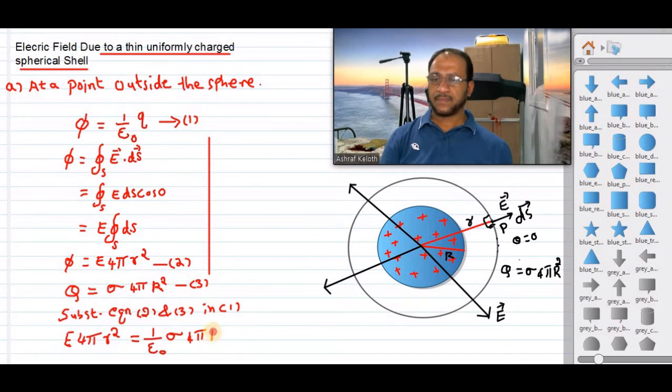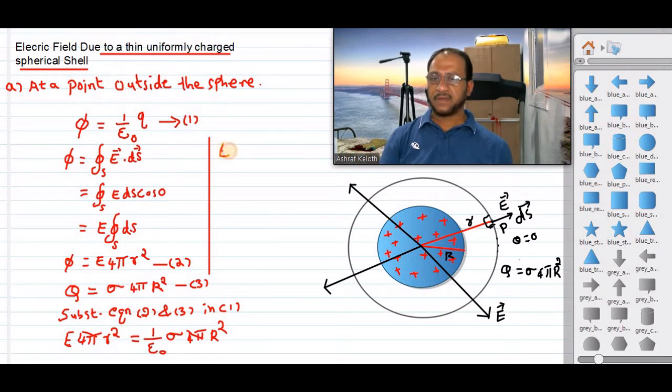Now what will happen? 4 pi will cancel. Then E equal to what? Sigma into capital R square divided by epsilon naught into small r square.